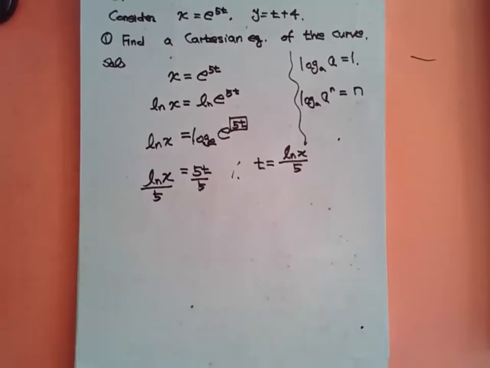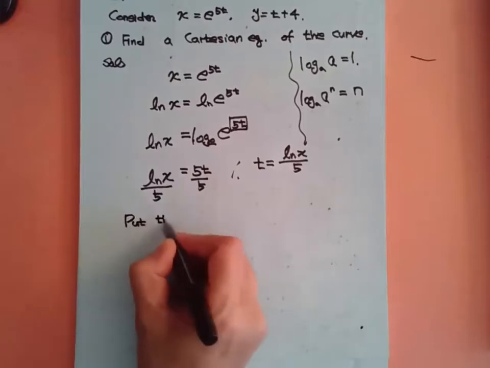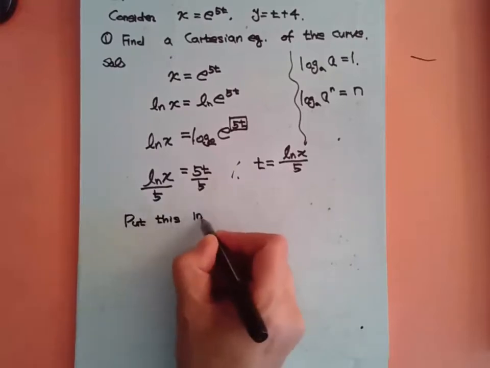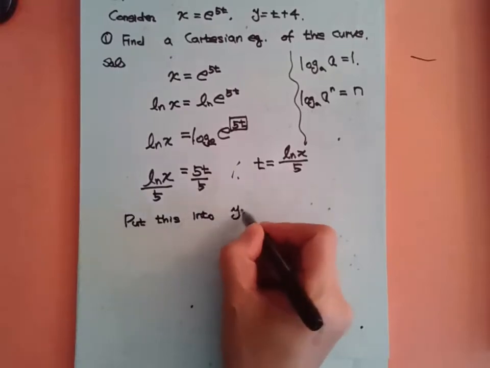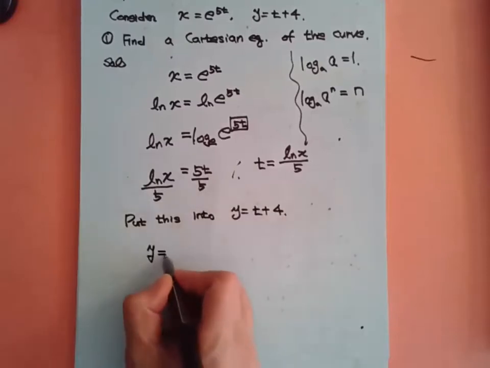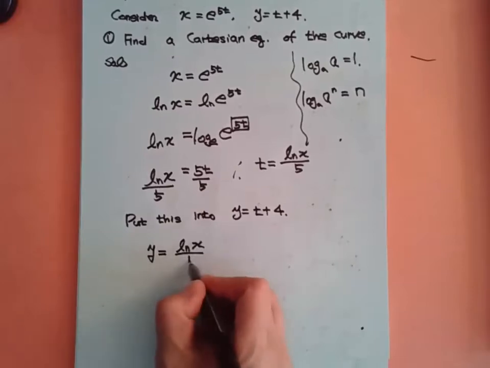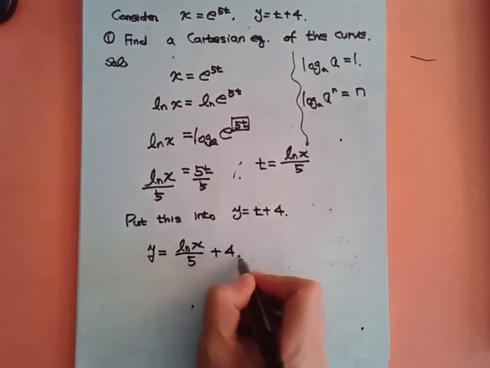Right, that is t. So we will put this into y equals t plus 4. Then we get y equals natural log of x over 5 plus 4.